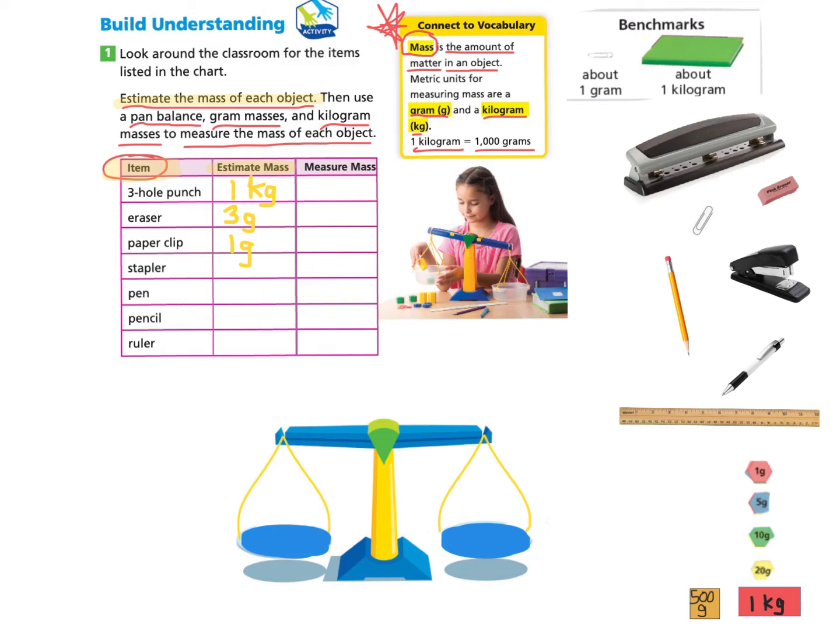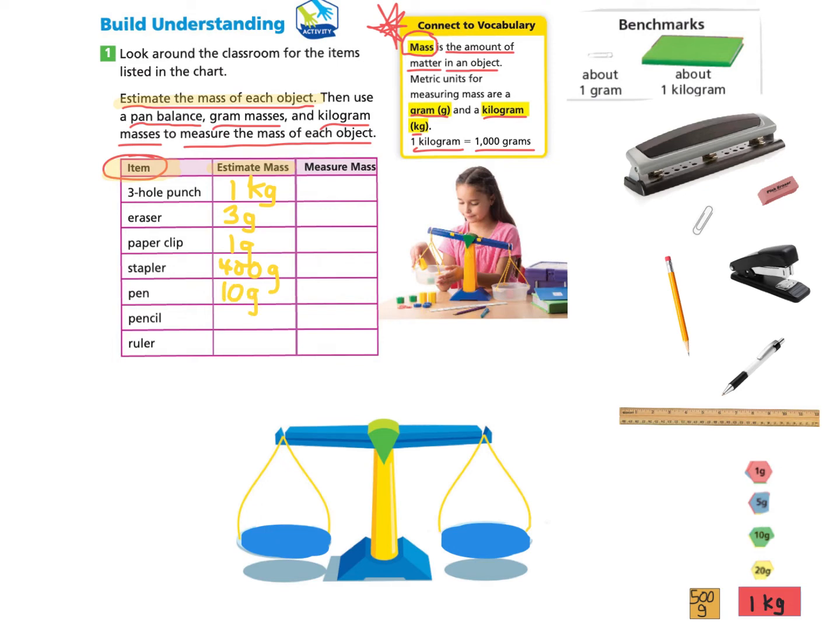I look at the stapler and I think, that seems a little heavier, but maybe not as heavy as a book. Maybe I would say it's like 400 grams. And then I'll look at the pen and I would maybe guess that it's like 10 paper clips, so 10 grams.